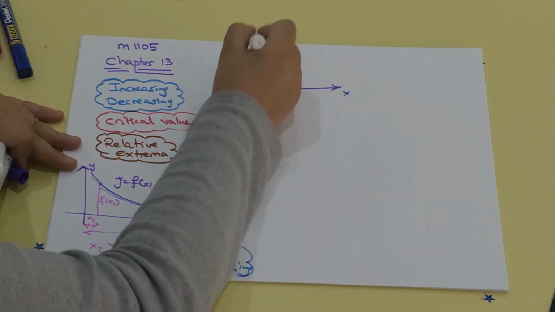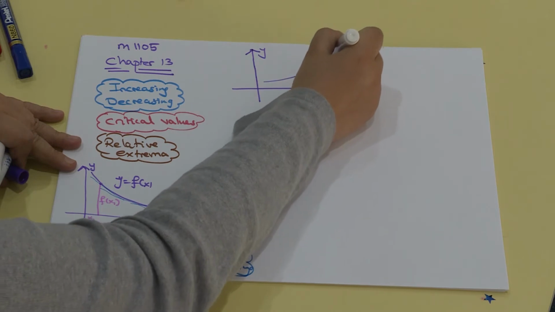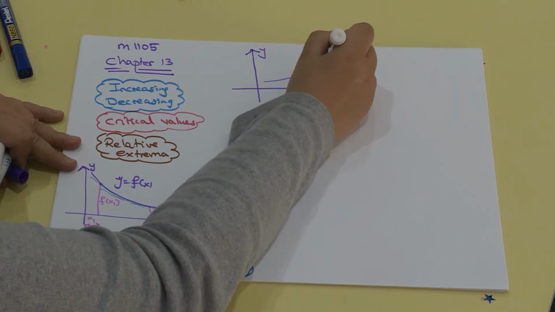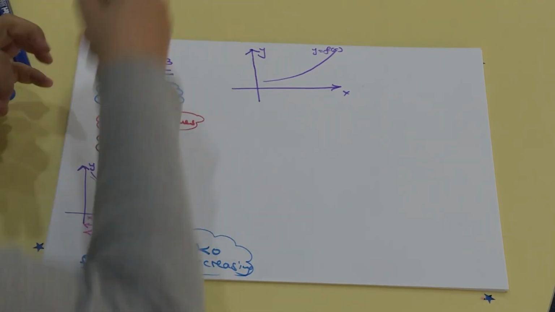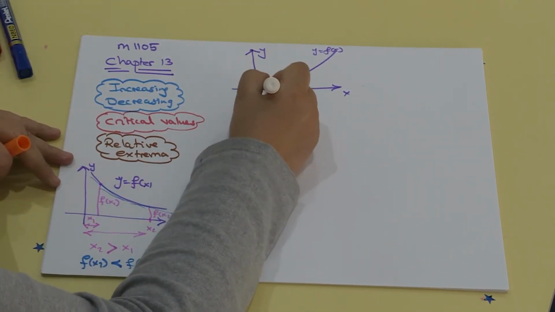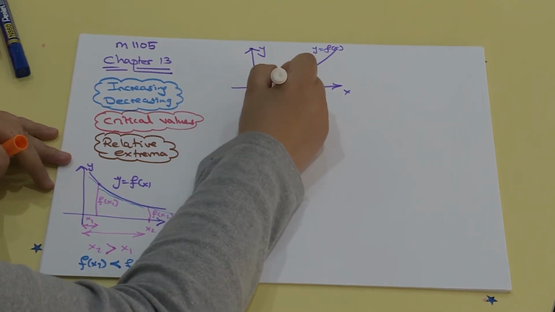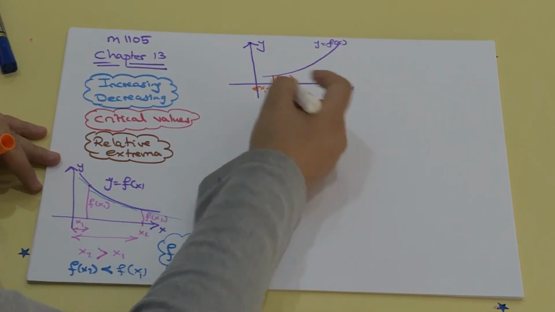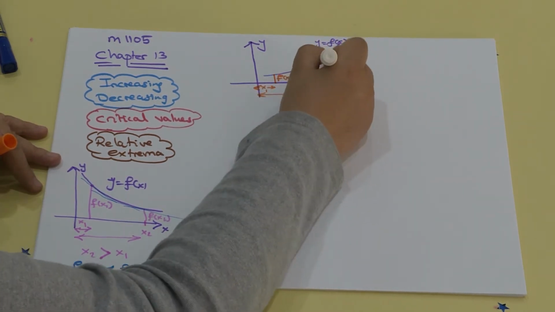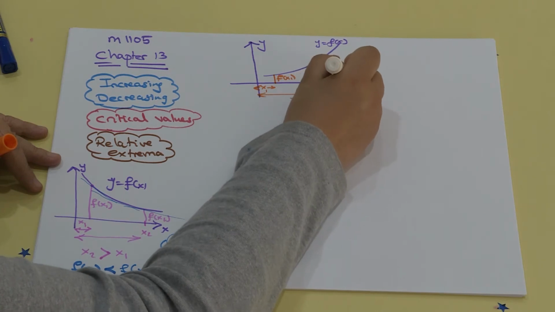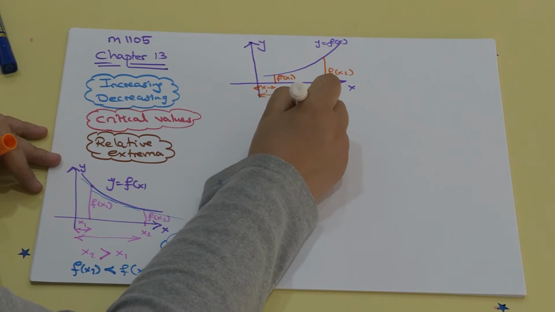This is, again, the x-axis. This is the y-axis. And here we have y equals f of x. I take a first point, let's say this is x1 with f of x1 as a y coordinate, and another x2 with f of x2 as a y coordinate. We compare again x2 to x1.